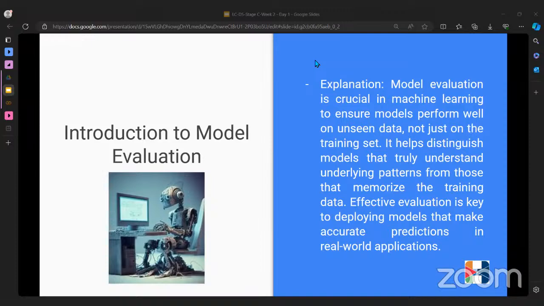The insights gained from the model evaluation inform our path to enhancing the model.